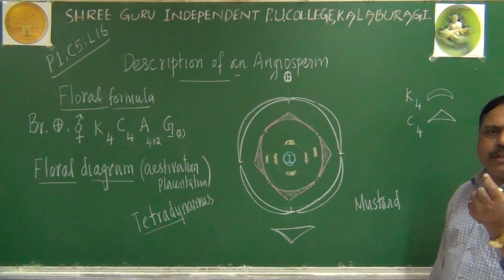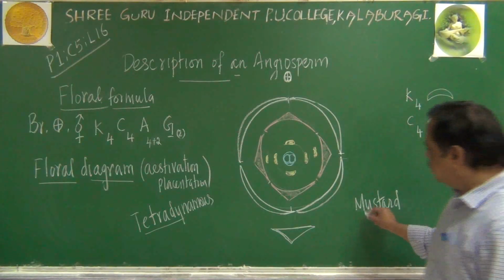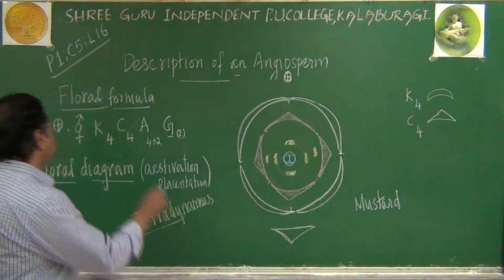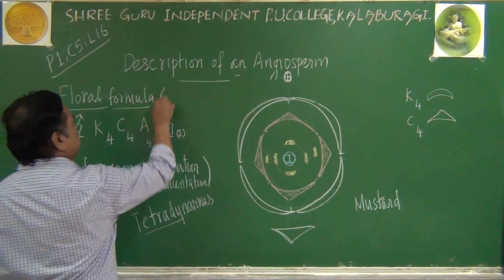That is called mustard. This mustard plant floral diagram I have drawn here. Mustard plant floral formula I have written here.